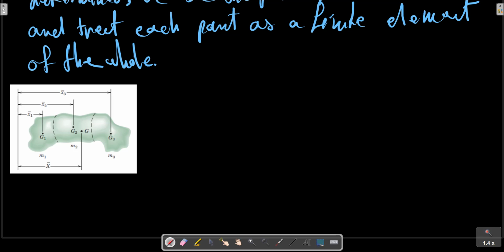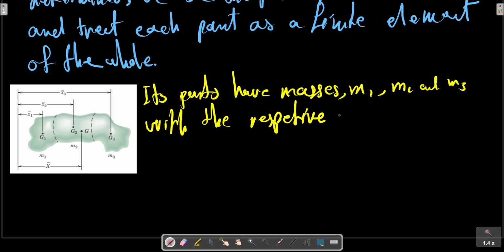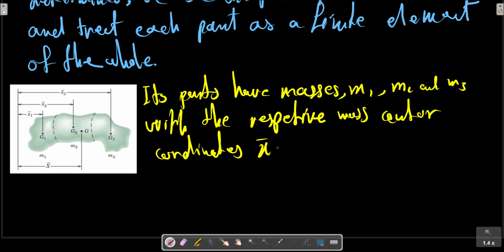In this picture, its parts have masses m1, m2, and m3 with their respective mass center coordinates x1, x2, and x3.